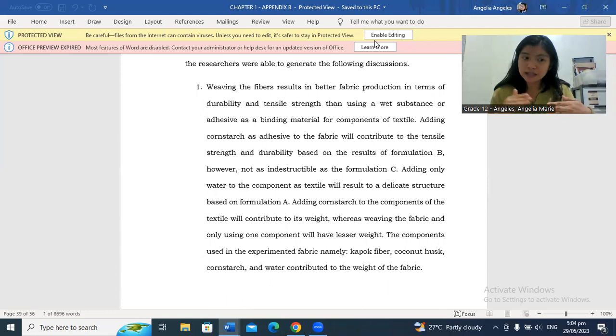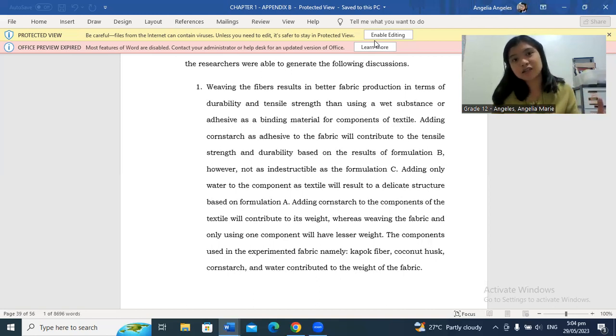Therefore, since that the abaca fabric is weaved, ibig sabihin, weaving the fibers results in better fabric production. Nakita na nga natin sa claim natin sa terms of tensile strength na ang abaca fabric is weaved and therefore weaving the fibers results in better fabric production than using wet substance or adhesive.